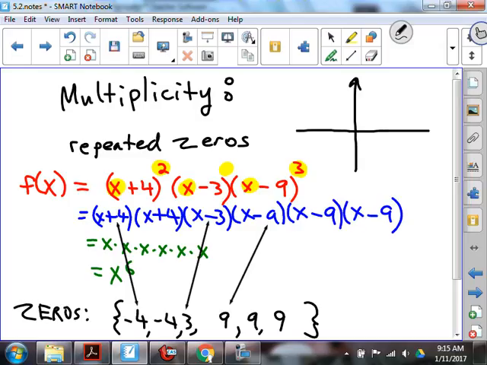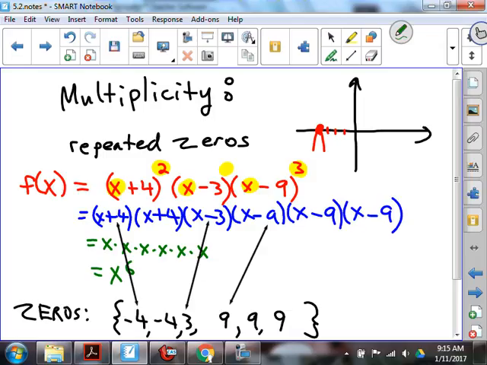So when you go 1, 2, 3, 4, all the way over here, the graph is going to behave like a parabola there. It's either going to do something like this, or something like this. But it is going to behave like a parabola at that point.